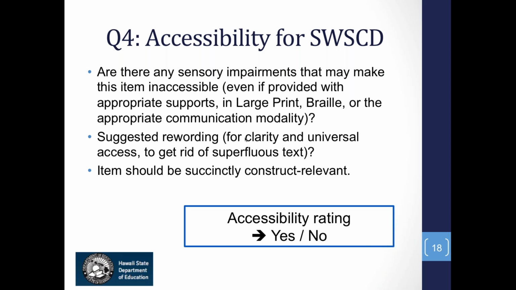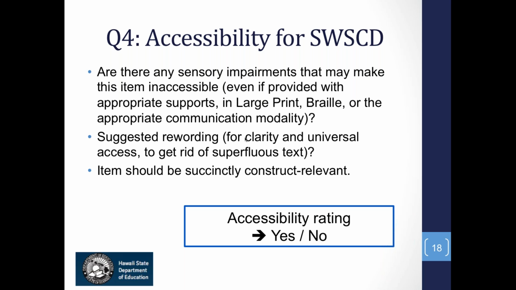In other words, don't rate an item inaccessible to students with visual impairments if that item isn't even administered to students who are blind because it has an accessibility limitation option, okay? And I'll explain a little more about what that means in a second.